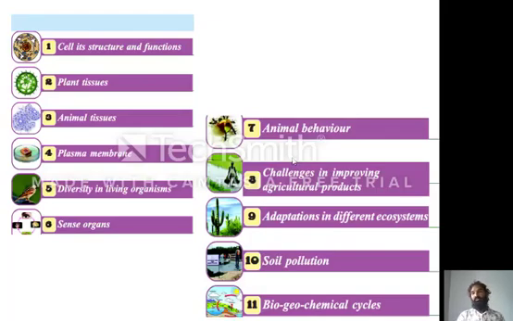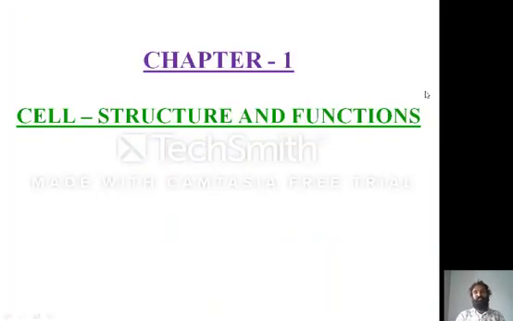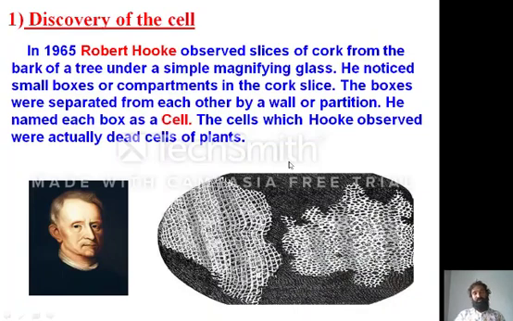Okay, so now we are going to explain the cell structure and function. In the previous class you already studied the cell structure, and you already conducted some experiments, like the onion peel experiment and so on. Regarding the history of the cell, in the year 1665 the scientist Robert Hooke observed slices of cork.